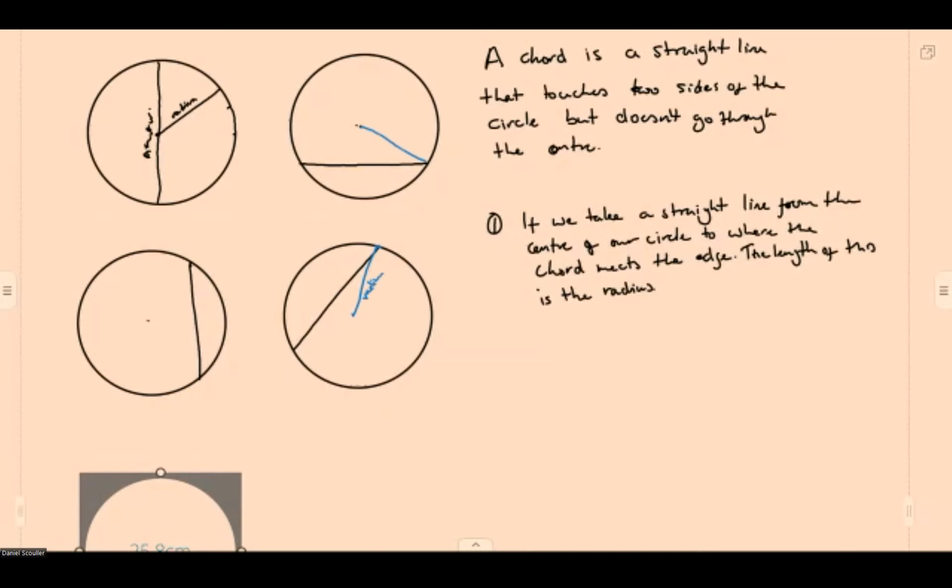So that's the first part. The second part, what we can do is we can create a right angle triangle.